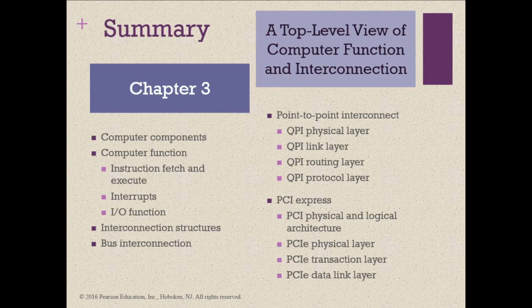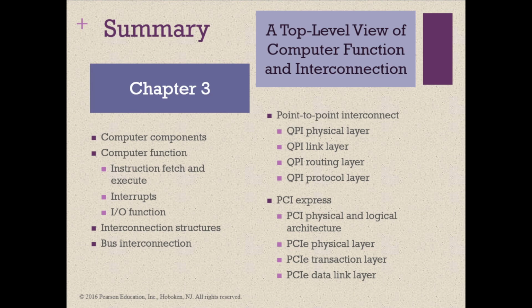The summary is we have discussed the computer components and the computer function, and under computer function are the instruction fetch and execute, the interrupts, and the I/O function. We also dealt with interconnection structures and then bus interconnection. We also covered the point-to-point interconnect, because bus interconnection has many disadvantages when there is already a large amount of data.